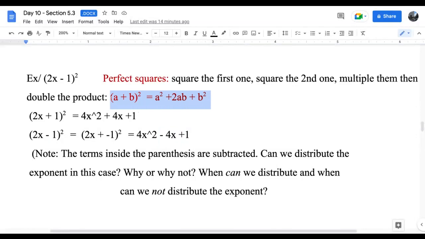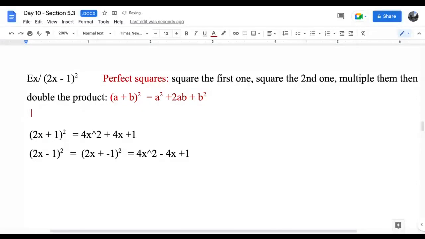So if I write one more, I'm going to write the minus. Remember, a minus is actually a plus negative term. It just means the b term is negative. So here we get negative 4x. But negative b squared is still positive b squared.